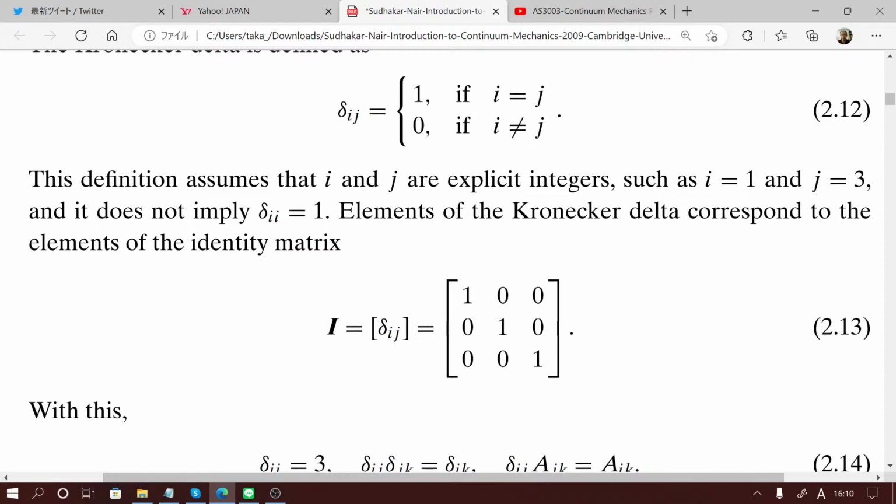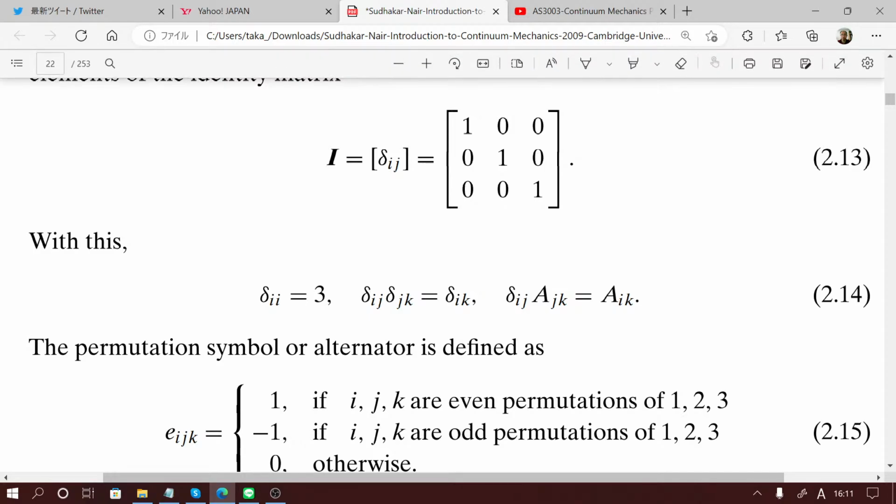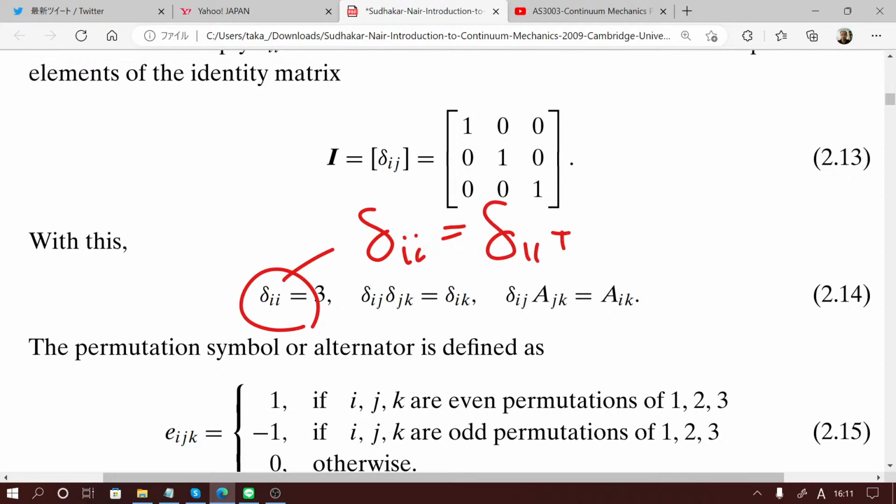Elements of the Kronecker delta correspond to the elements of the identity matrix: 100, 010, 001. With the summation convention, delta ii implies delta 11 plus delta 22 plus delta 33, so this is 3.